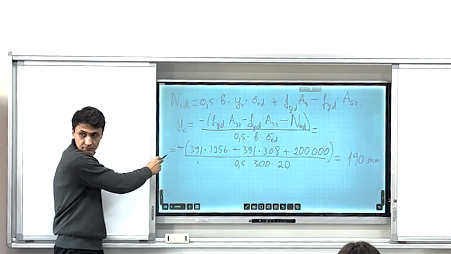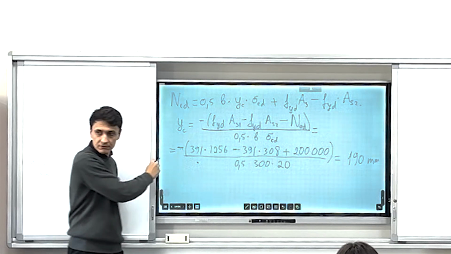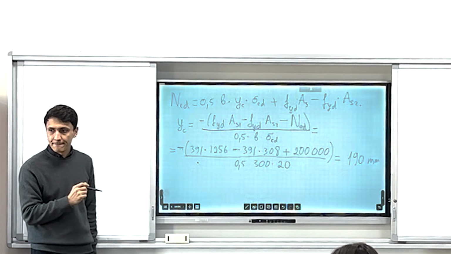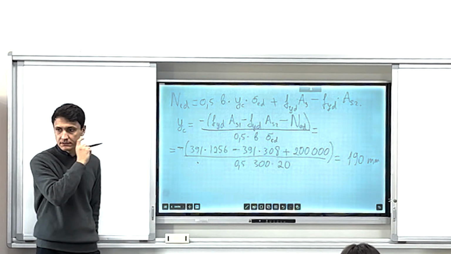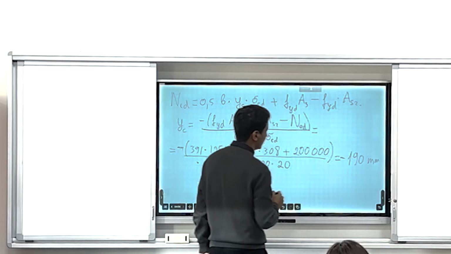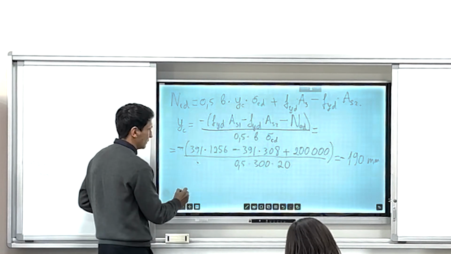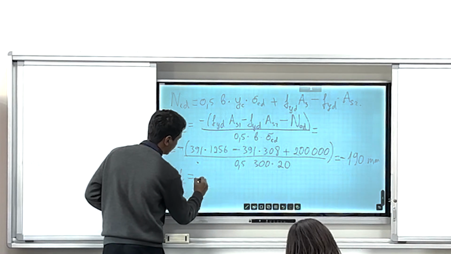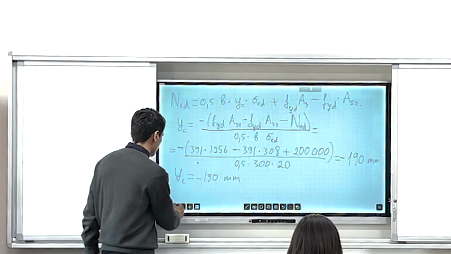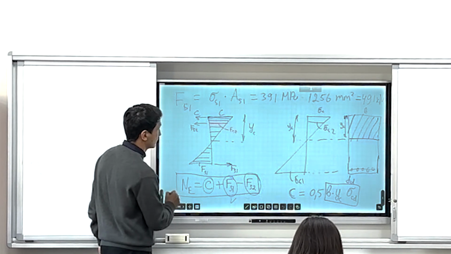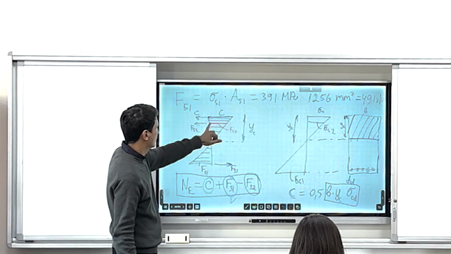About this one, it was my mistake, it should be plus, because we have minus here, and when we take it from this side to the other, we will have minus. Minus 190 millimeters, so we have YC equal to minus 100 millimeters. Now, once we know the YC neutral axis, we are able to find the forces at the top rebar.